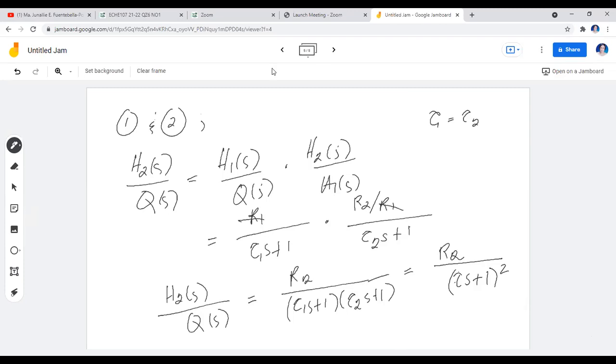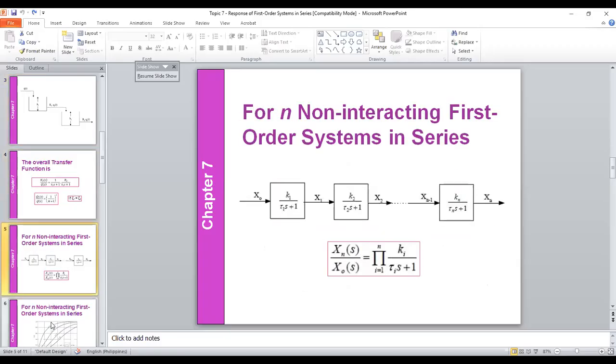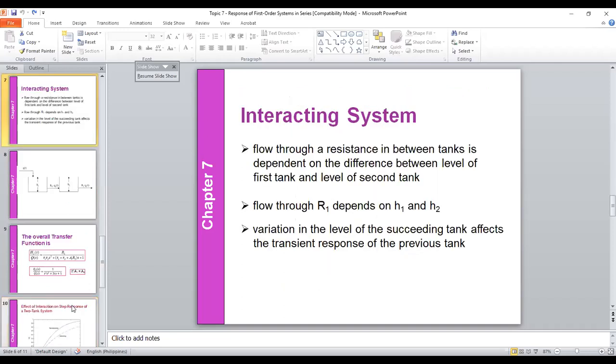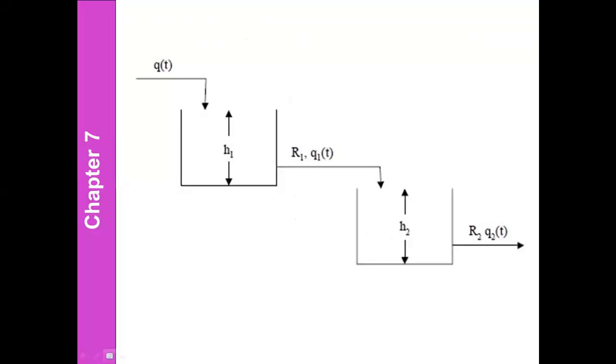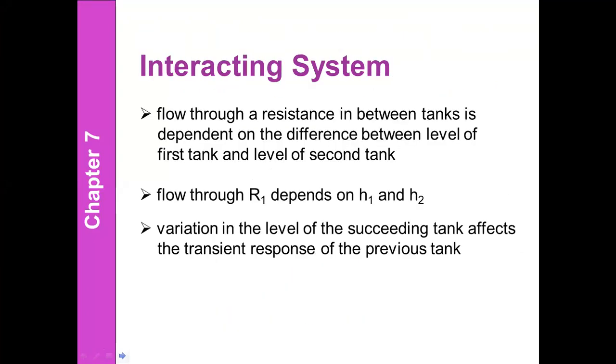Now, for this morning, for a change, let me go back to the slide. You will derive the transfer function for an interacting system. So what is the interacting system in here?